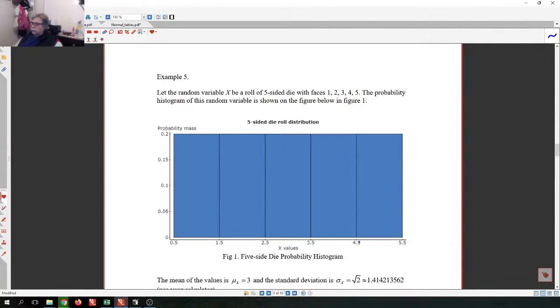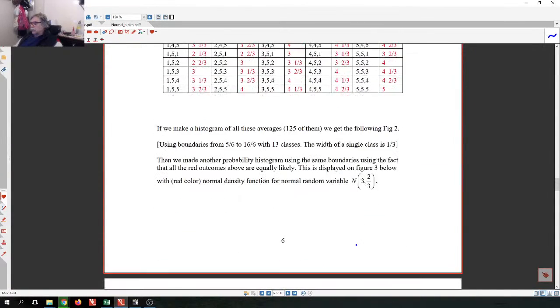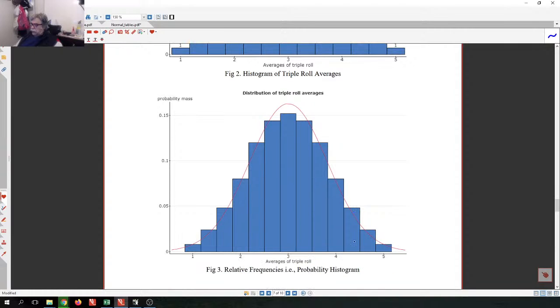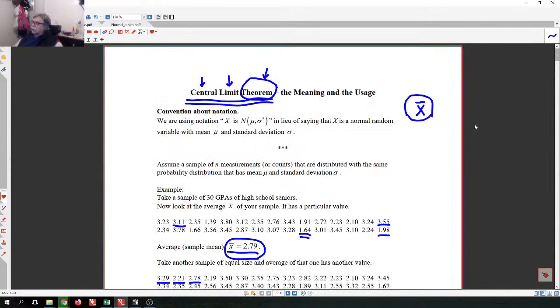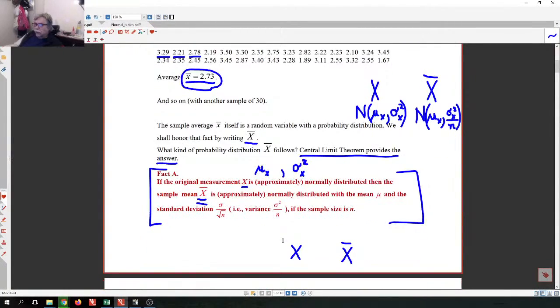And then I have a little story here on how you can notice the Central Limit Theorem working even when you're not using a large sample, when you're using only a sample of 3, and still you can see the Central Limit Theorem working. Okay? So again, I'm going to ask you to watch the second part here, or read. All right? So that's my story for this first part.